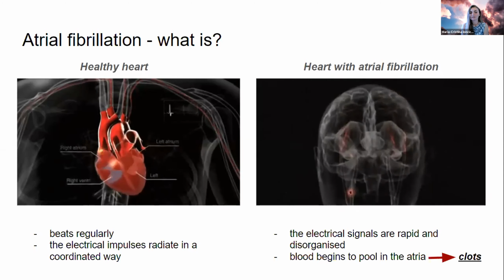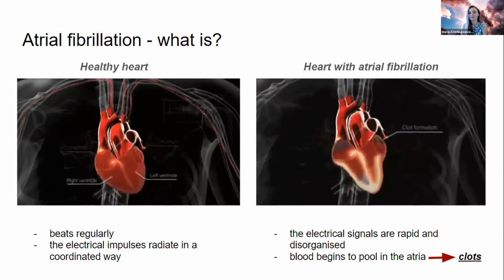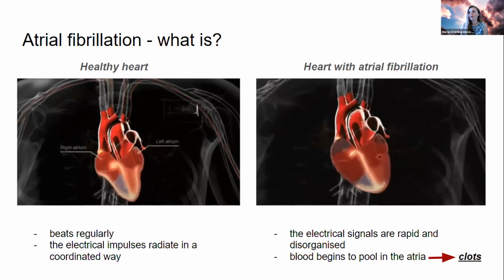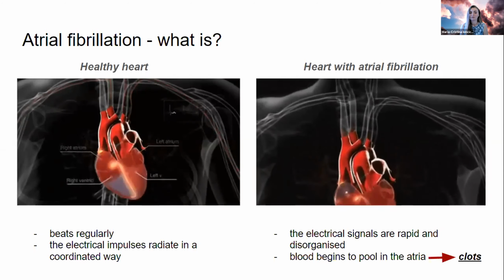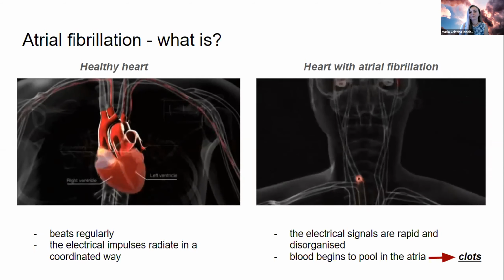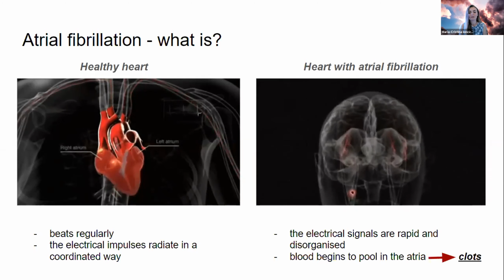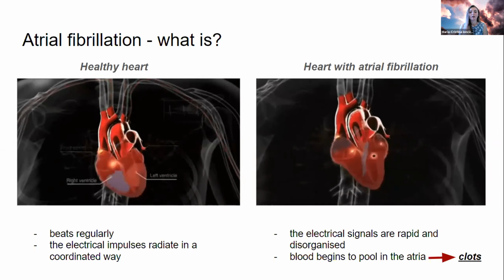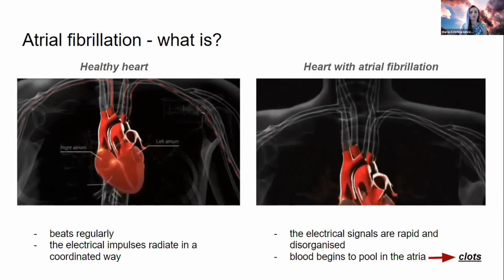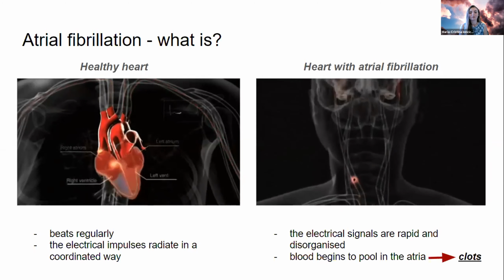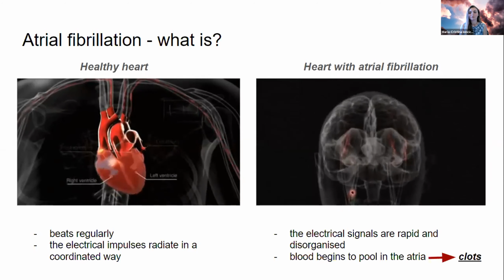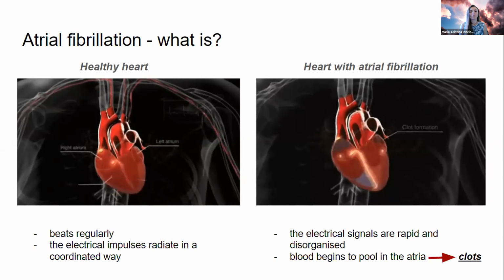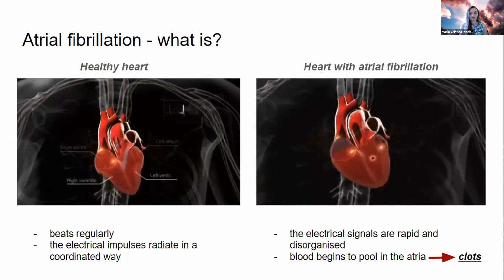This causes the walls of the atria to fibrillate rather than contract normally, and in consequence it leads to decreased flow velocities. Because of this, blood begins to pool in the atrial appendage. The pooling can cause clots to form, which, if dislodged, can travel through the bloodstream towards the brain. Once they get there, an ischemic stroke may appear.